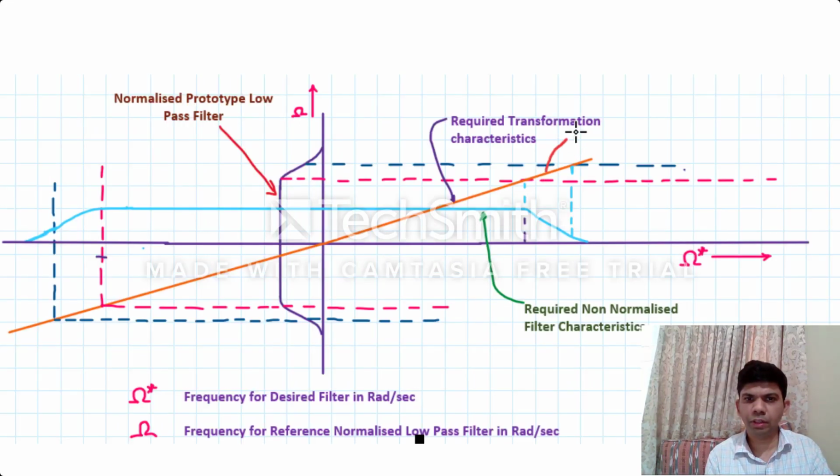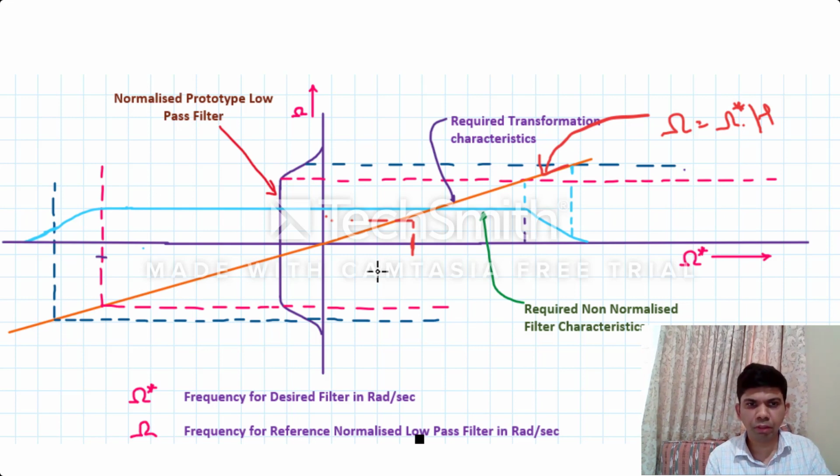Okay, we know the equation of these characteristics, right? So it is omega equal to omega star into h. So if I pick up any value on omega star and multiply by h, I will get the frequency of the prototype filter on the y-axis, right?